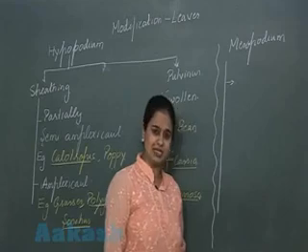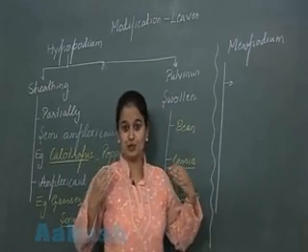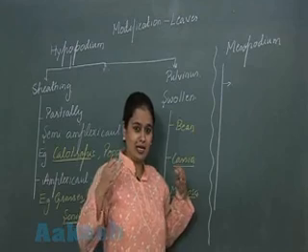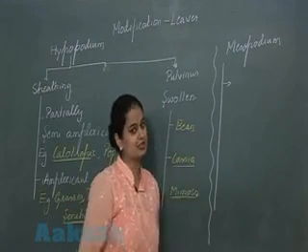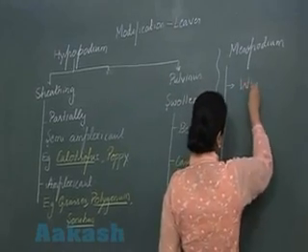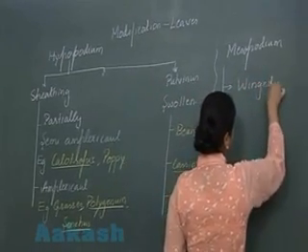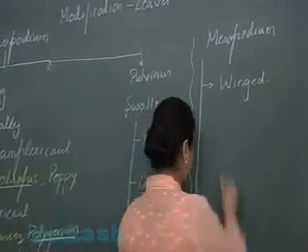Now in some cases, the petiole expands. It is green and involved in photosynthesis. This expanded petiole is known as winged petiole. The winged petiole is present in the case of citrus.